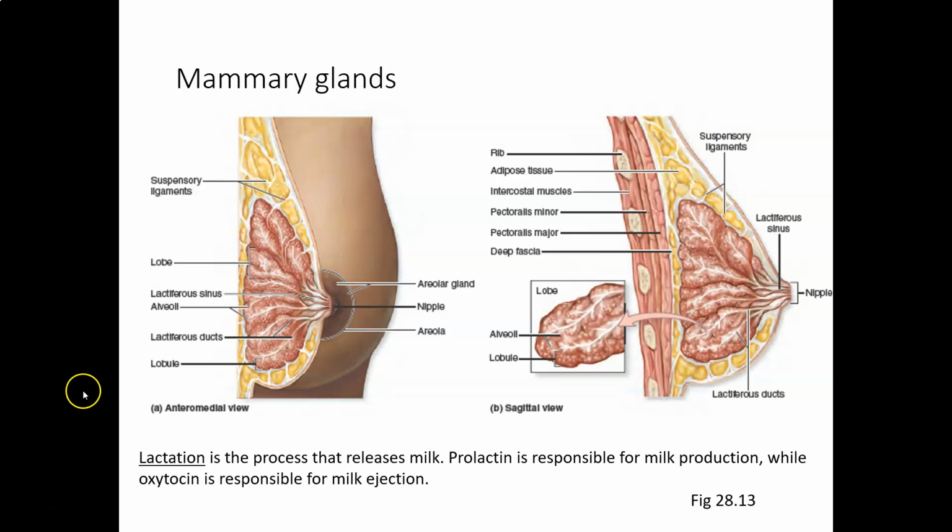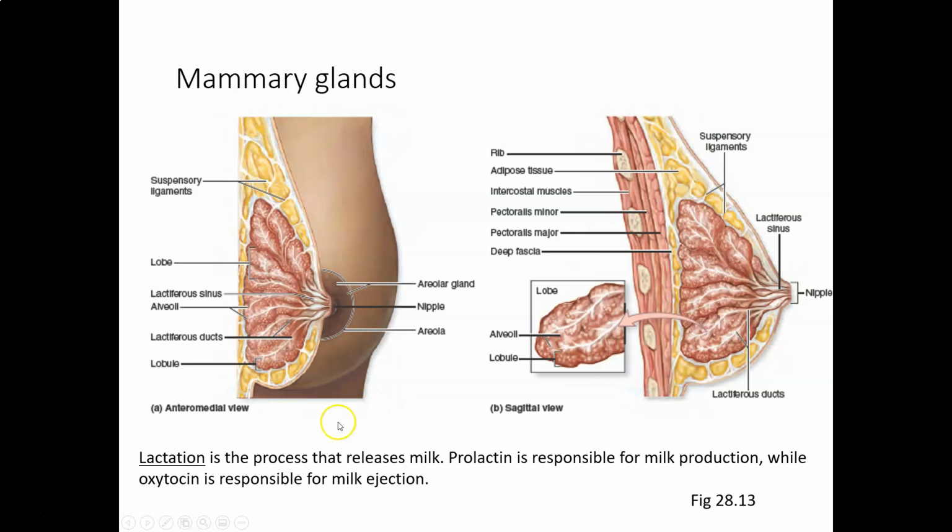So there's another external sexual organ in the female: the mammary glands. Mammary glands develop predominantly during puberty, so their development is under the control of sex hormones such as estrogen and progesterone.